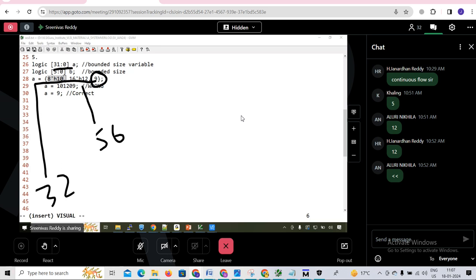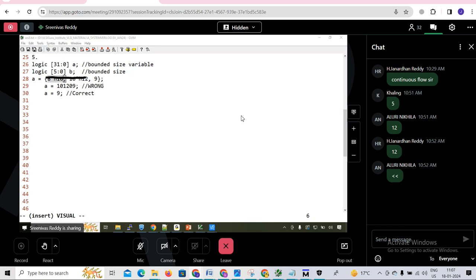The lower 32 bits will be taken. Which is the lower 32 bits? 9. Understood why A will be 9 here? Which bits will be ignored in this case? This entire data will be ignored. It won't be copied at all. Only 9 will be copied.